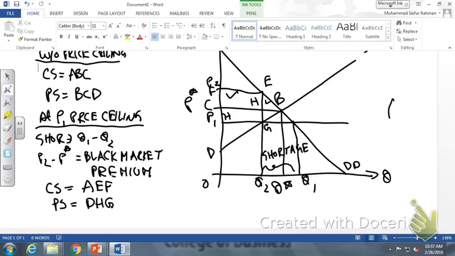Okay? So the upper rectangle is therefore coming from the loss of consumer surplus as a result of black market activity. The one that is difficult to explain is the lower rectangle, which is also a loss. Now this is a loss of producer surplus. Now how come producers lose in this market?